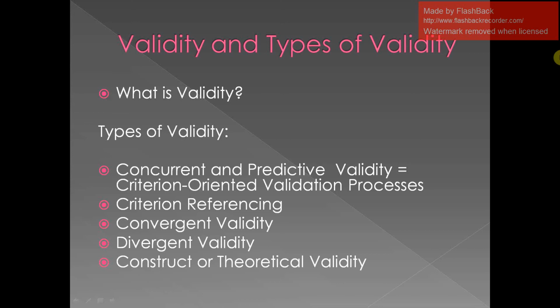Both concurrent and predictive validity are types of criterion-oriented validation procedures, and BPS 2000 states that when a person's score on a test is used to predict or anticipate how they will perform on types of tasks not directly sampled by the test, but which have been shown to be correlated with test performance, we are engaging in a process described as criterion referencing.